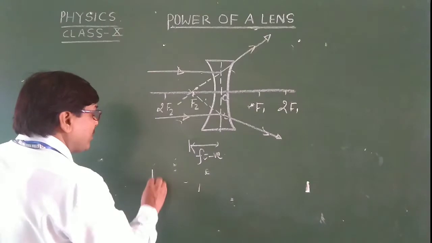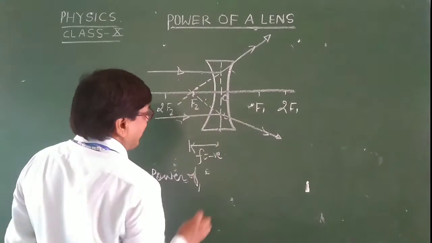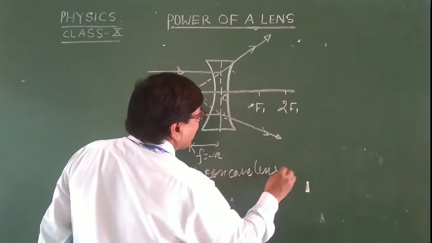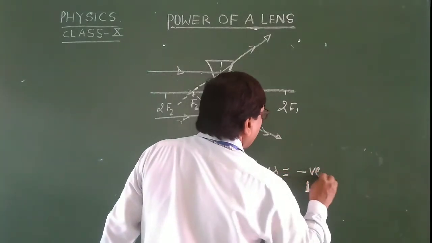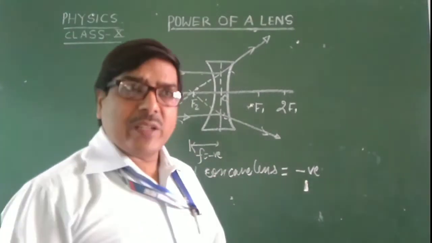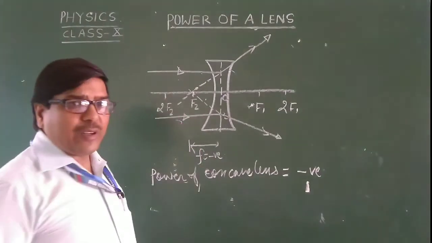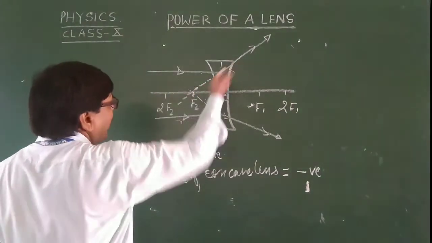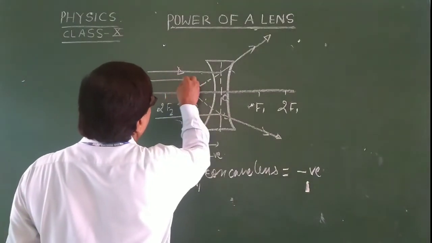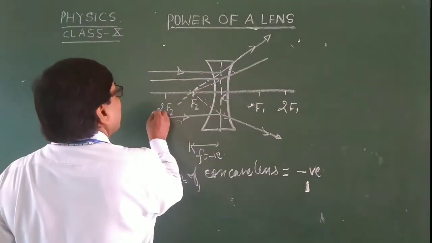So power of concave lens is negative. It has the ability to diverge the light rays parallel to the principal axis after refraction. There are so many rays of light parallel to the axis, so we can also draw it in this form.